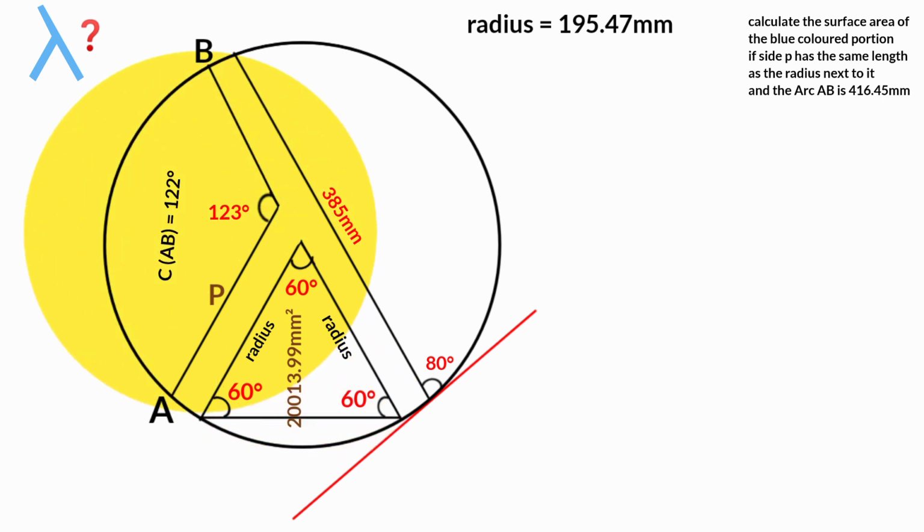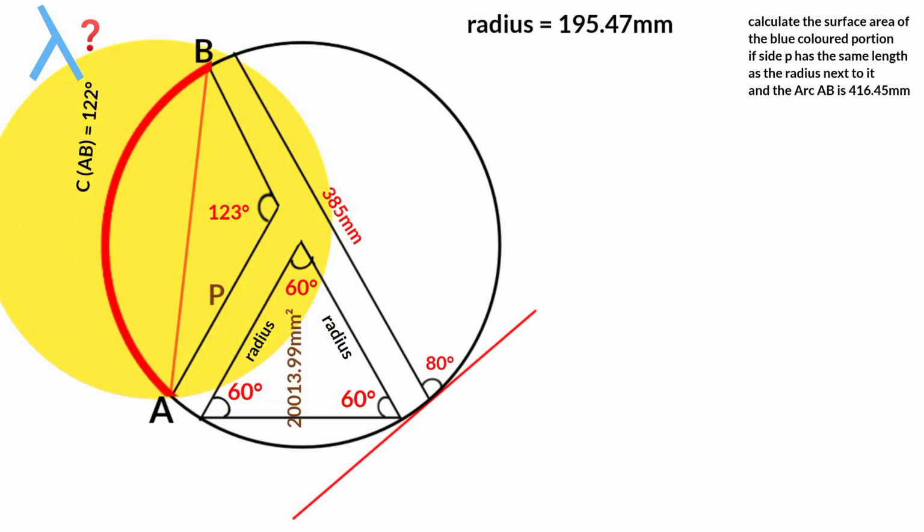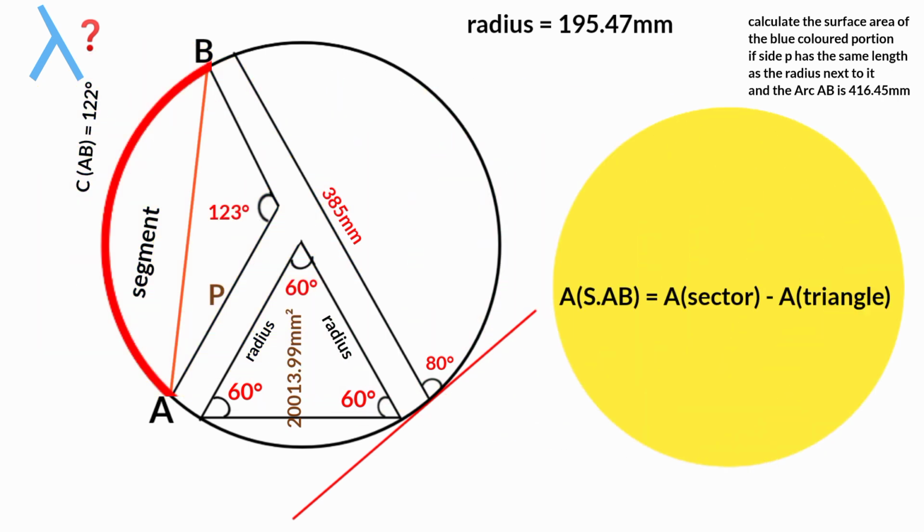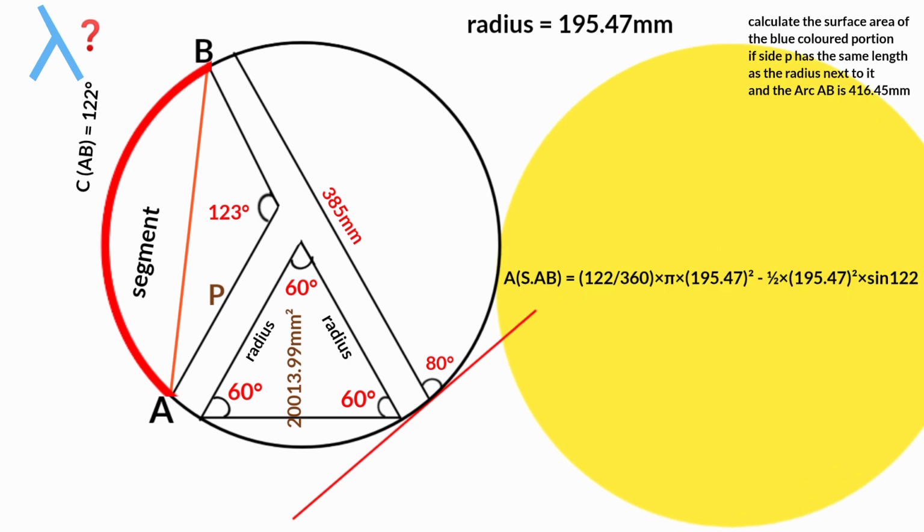Now coming back here, if we draw a line that connects this point and this point here, this here is a segment. And the formula for calculating the area of a segment is area of sector minus area of triangle. Area of sector we know is theta over 360 pi r squared, and area of the triangle of the sector can be calculated by the formula 1 over 2 r squared sine theta. Theta is the central angle, which we have to be 122 degrees, and r is the radius, which is 195.47 millimeters.